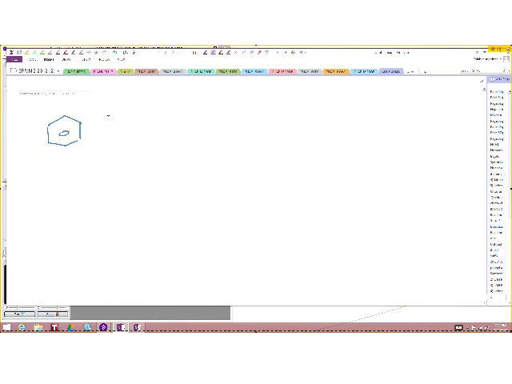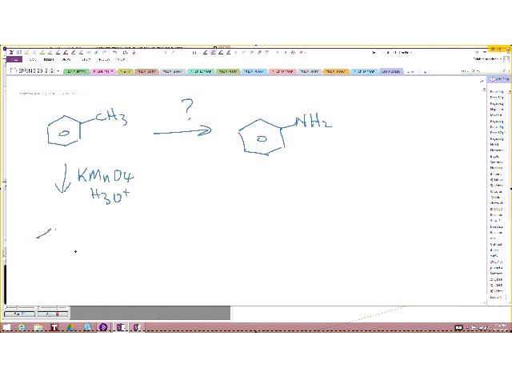Okay. Supposing I ask you to give me a synthetic scheme going from here to here. How will you do that, given the reactions that we just gave you? KMnO4, very good. So you want to oxidize this to the carboxylic acid, right?